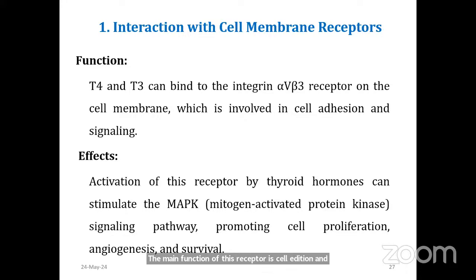So when T3 and T4 activate this integrin alpha V beta 3 receptor, they can stimulate the mitogen activated protein kinase signaling pathway, which promotes cell proliferation, angiogenesis, and survival of the cell. So this is important for cell survival as well as angiogenesis and proliferation of the cell.